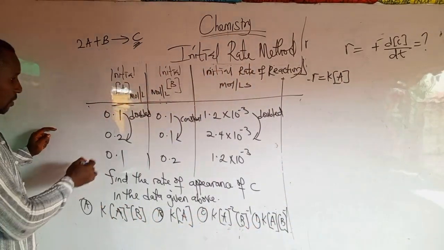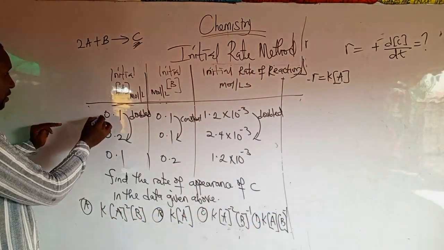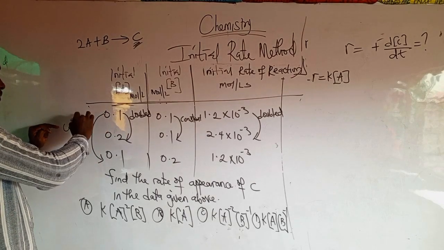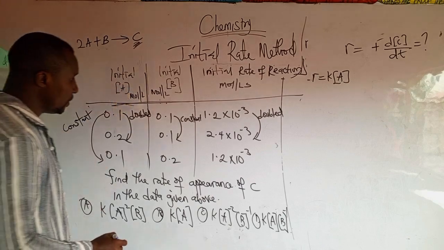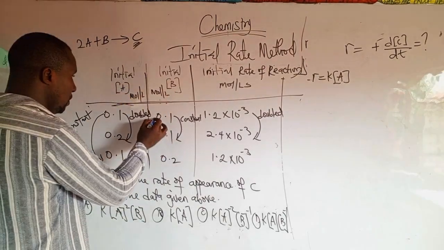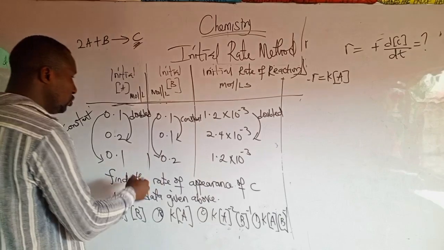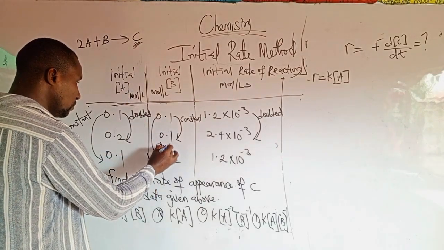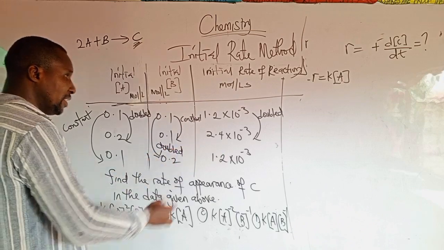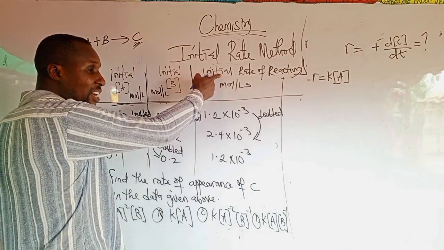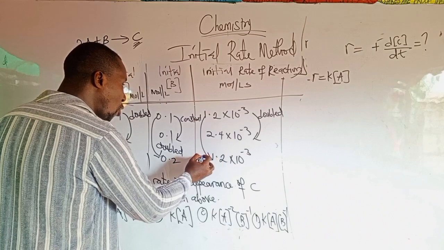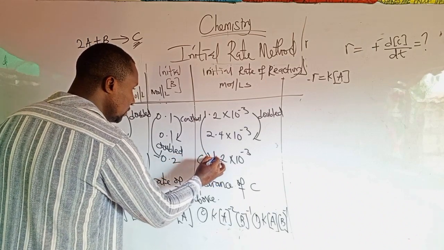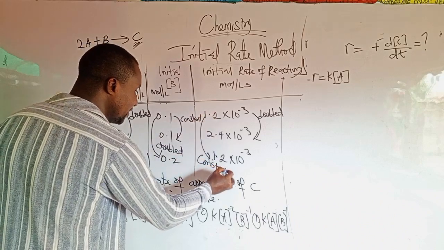Let's look at this. Which one is constant here? Under A, 1 and 3 are constant. Then under B, 1 and 3 are doubled. What happened to the initial rate of reaction for 1 and 3? It is constant.